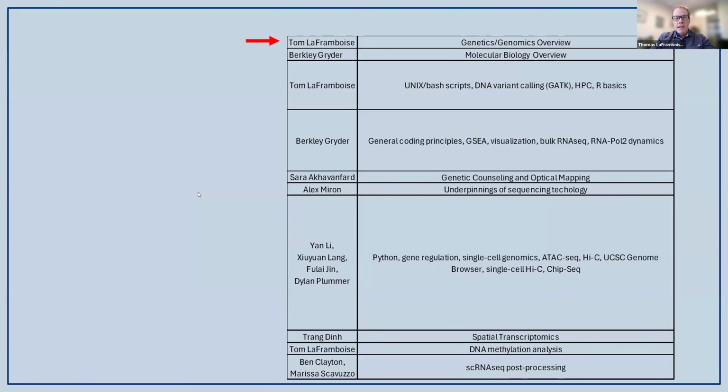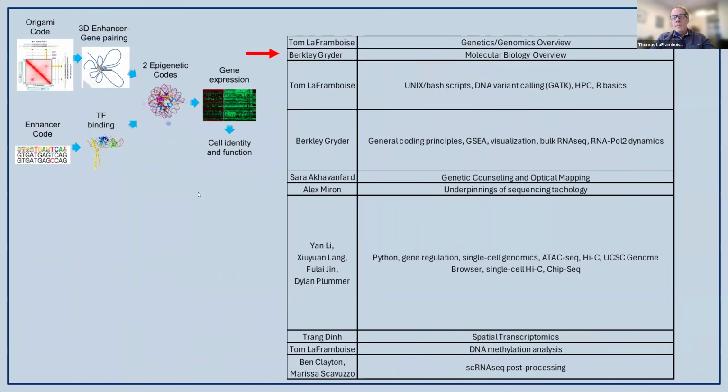Each class session is 2 hours and twice a week. In this session, Dr. Grider goes through a general overview of molecular biology, to give the biological underpinnings of the technology we're going to be dealing with.